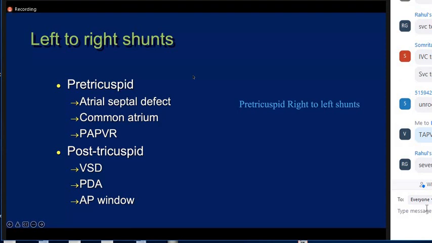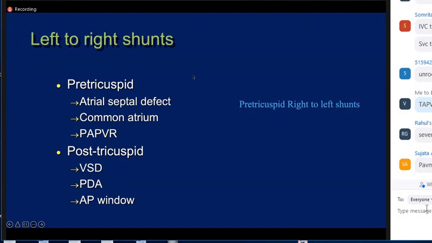Somebody wrote severe PS with PFO. That does not contribute significantly, whereas with an obligatory right to left shunt across the ASD, you have the differential diagnosis of PFO right to left shunt, pulmonary atresia with intact septum with right to left shunt, or tricuspid atresia with right to left shunt.